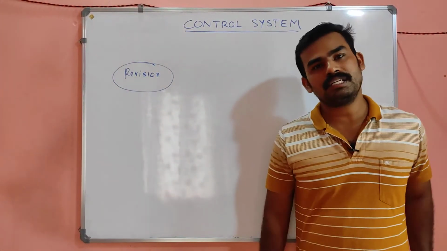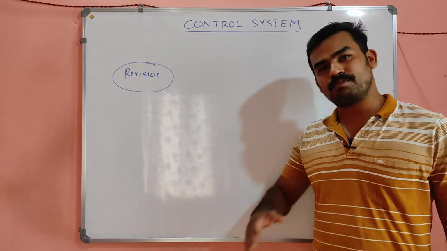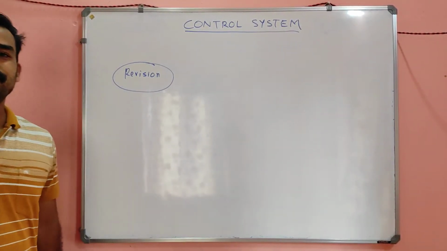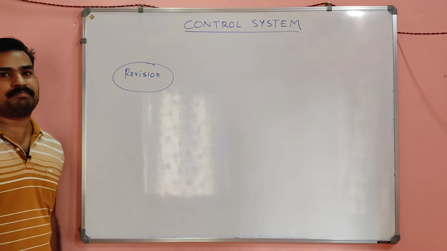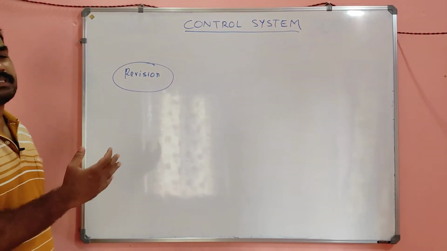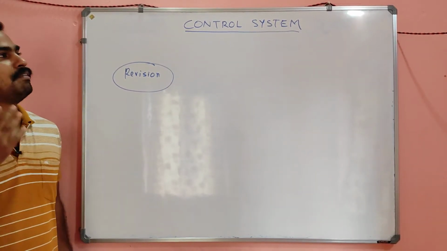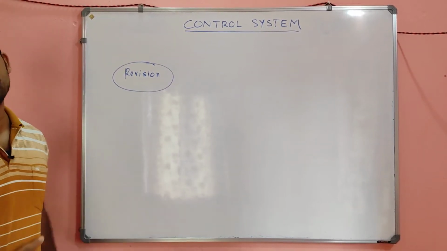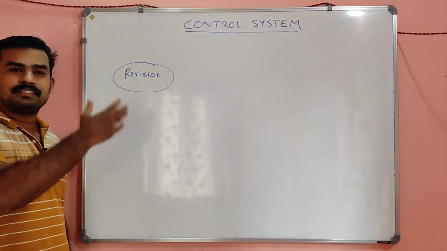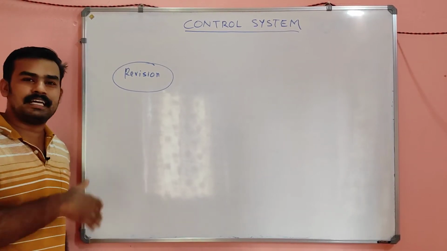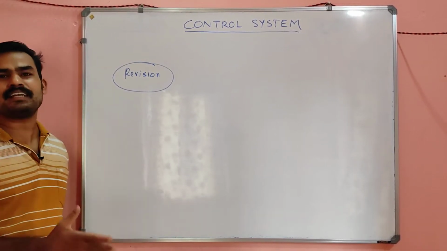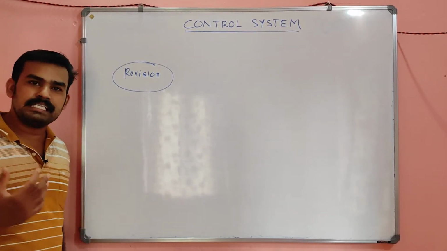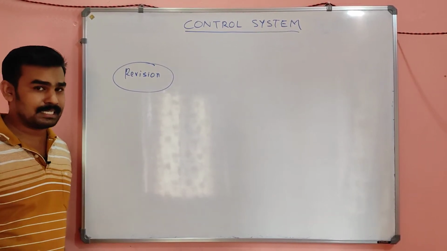Weekly once you have to revise all the subjects, whatever you covered during that week. Otherwise it will not be in your mind, because these are very high level derivations and high level processes in control systems. Do you think learning this is that easy? No, it's difficult actually. But we are trying to move in an easier manner as much as possible.